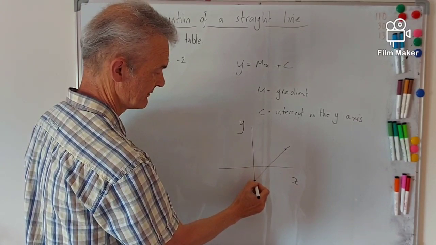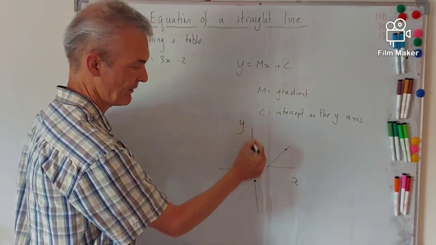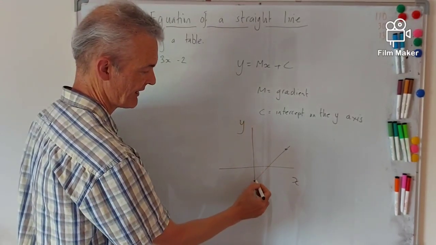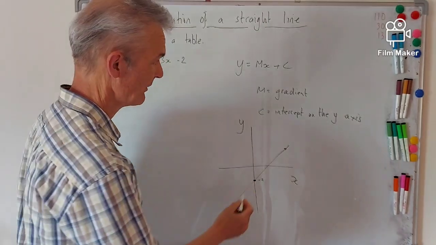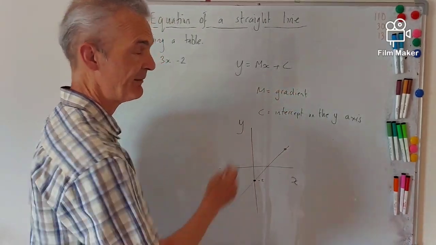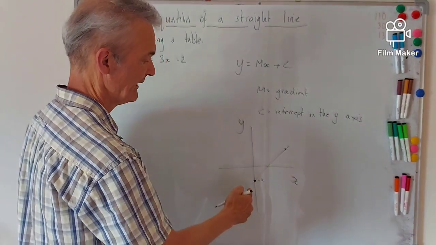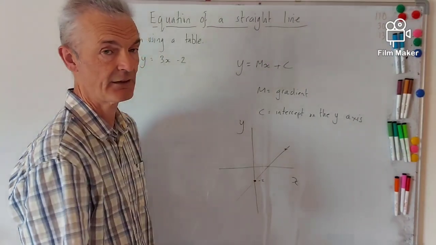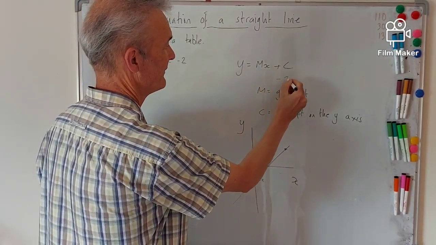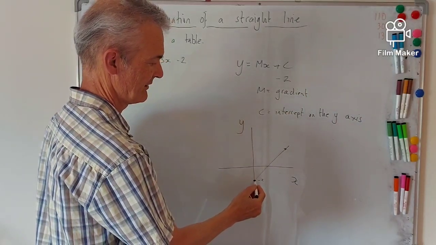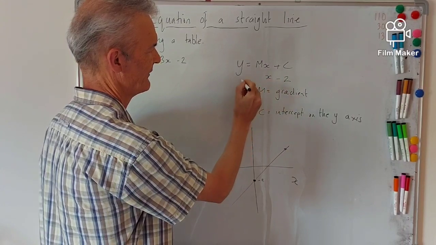Here, the line intercepts the y-axis. That could be, let's just say it's -2. I've got plus c here because this is just the general form. That could be a minus if you wanted to. In the case of this line, it is going to be a minus. So we're going to have a -2 at the end of this line. We're going to have an x, we're going to have a y.